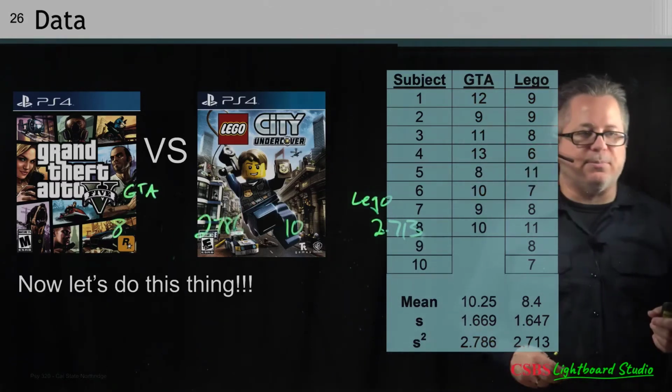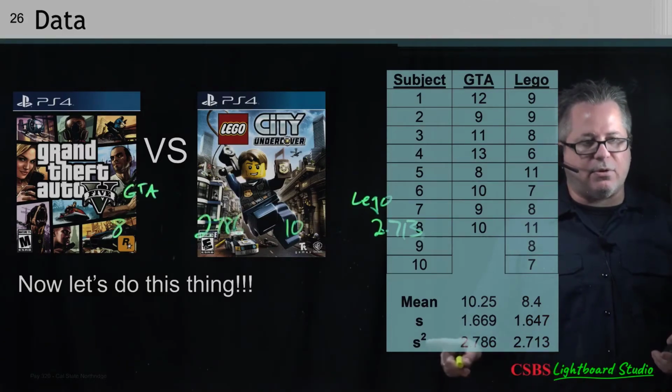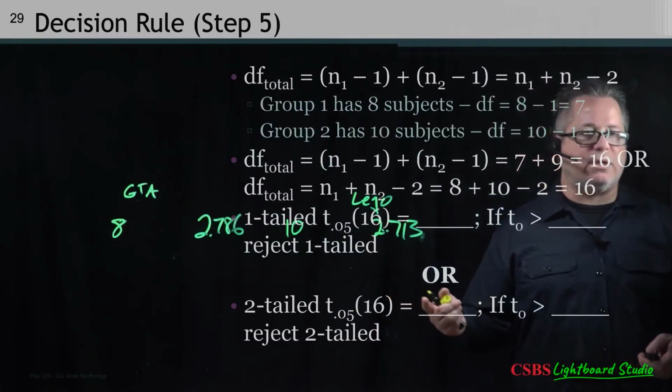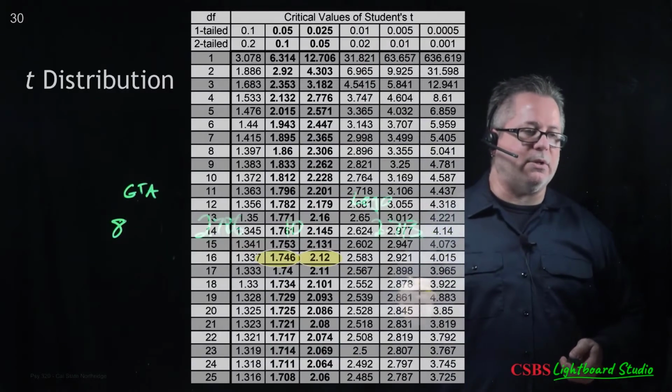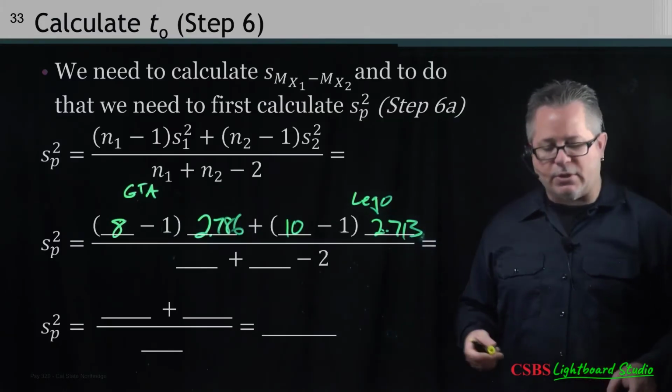I would square them to turn them into variances. Because the variances are already given to us, I don't have to do that. They're already squared. So don't put the variances in and then square them, because you're looking at the equation and you see the square there and you think, oh, I need to square this. It's referring to the variance, which is already squared, so you don't need to square it again.